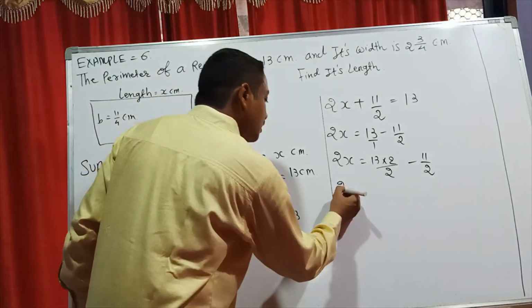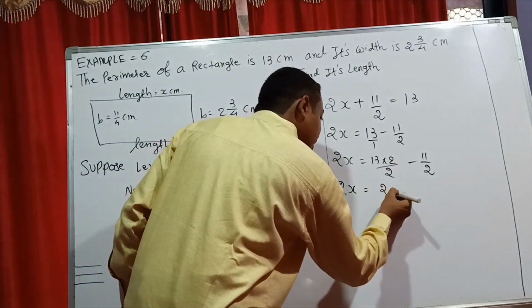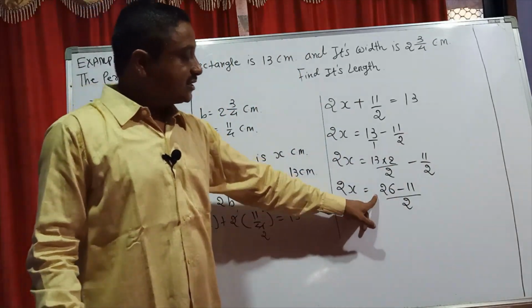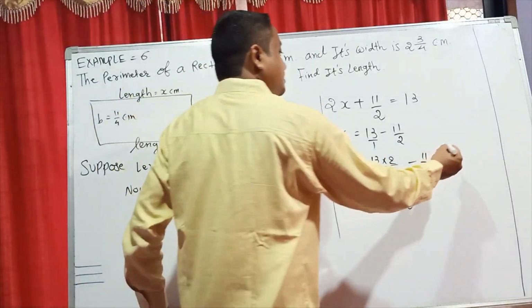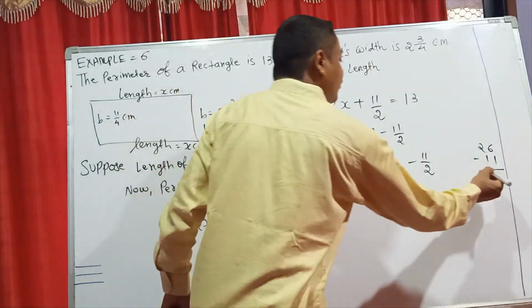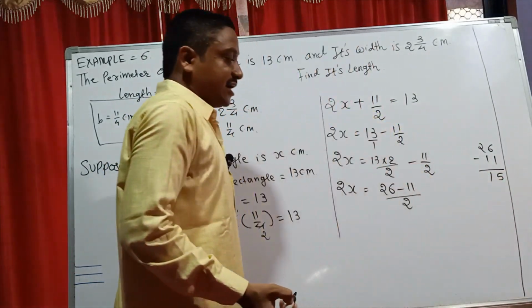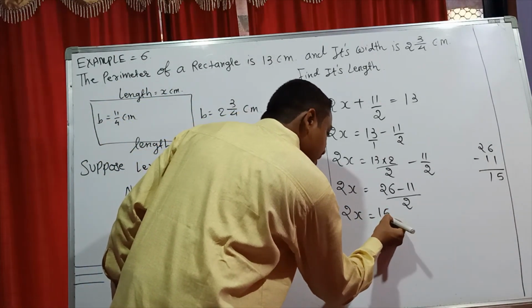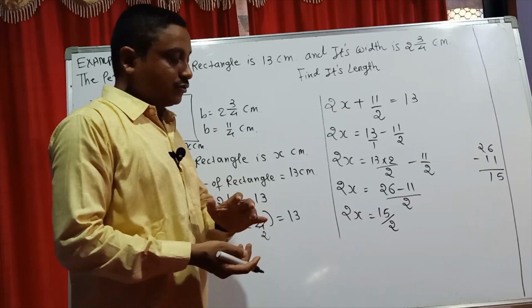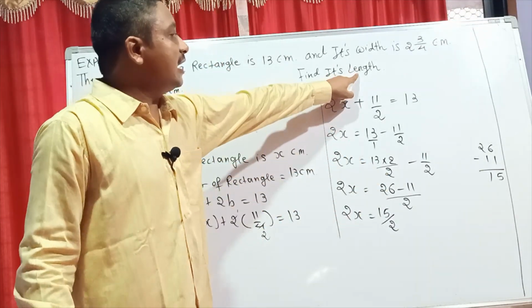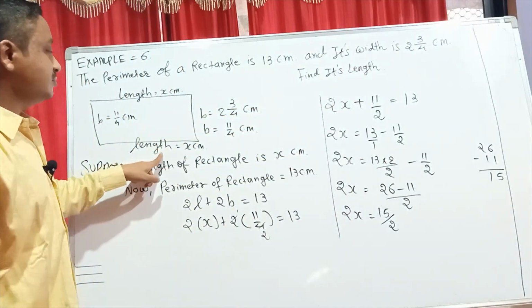13 2s are 26, 11 same by 2. Now what is 26 minus 11? Calculate side by side: 26 minus 11 gives 15. So 2x is 15 by 2. Now my target is not 2x, my target is the length, and the length I assumed is x.